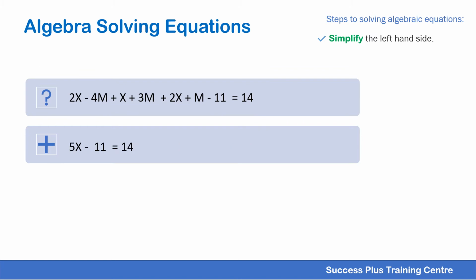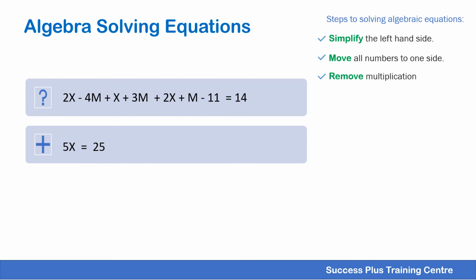The values of m will cancel each other out, leaving you with 5x take away 11 equals 14. Now let's move 11 to the other side of x. To do so, we need to add 11 to both sides. This is going to leave you with 5x equals to 25.